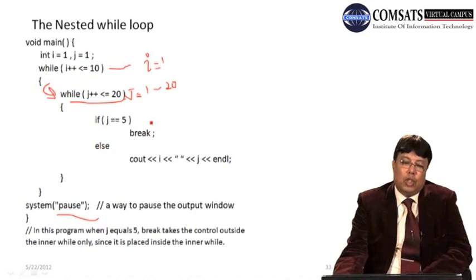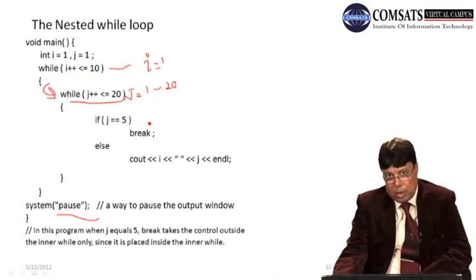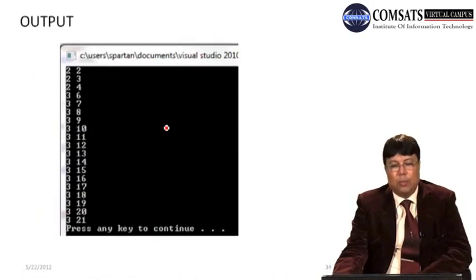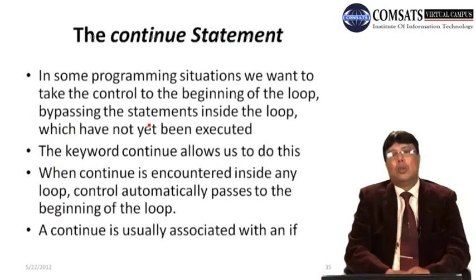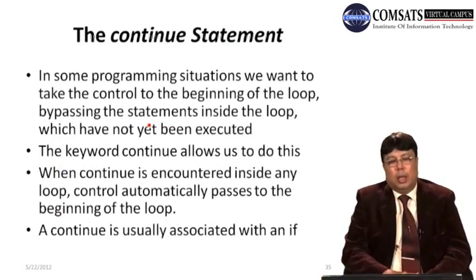Why are values of j above 5 also printed? It is something you have to think about and find out. If not, then you can ask me from the portal and I will explain it to you. So this could be the output, but I leave it to you to find out.